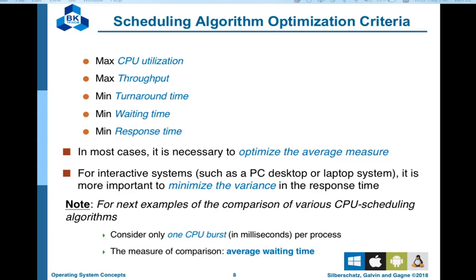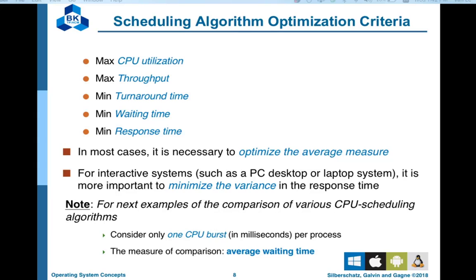For example, optimize the average waiting time, optimize the average response time. When you say average measure, it means that you sum the turnaround time of a number of processes and divide it by the number of processes. So you have the average.